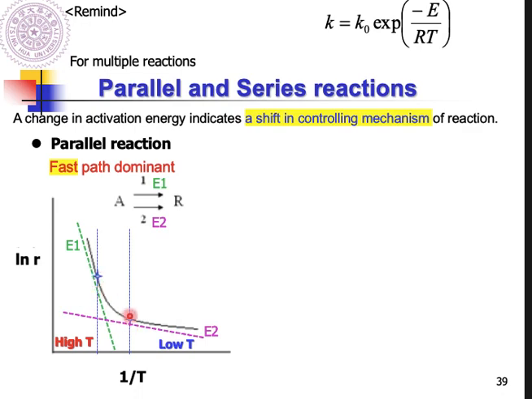So the fast path always dominates. In this case, we say the relationship between reaction 1 and reaction 2 belongs to parallel reactions. This is one kind of parallel reaction, where we have the same reactants and the same products, just with different paths.